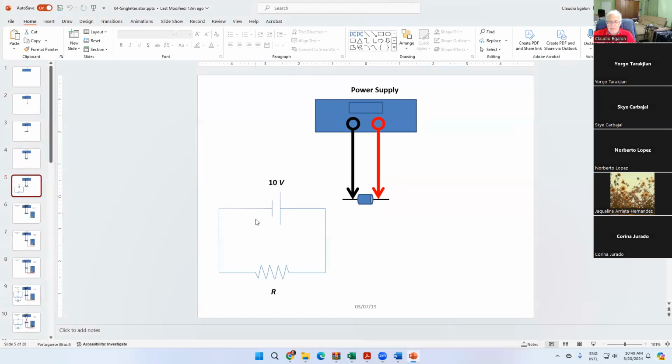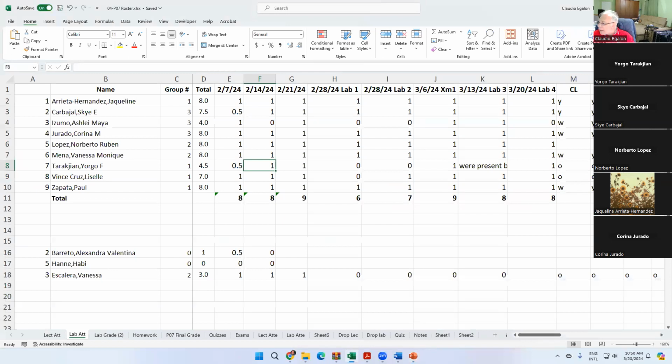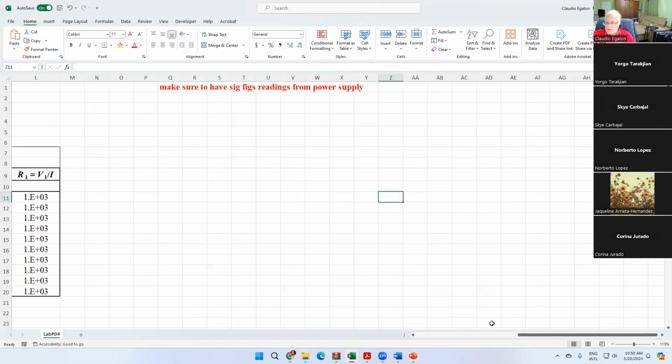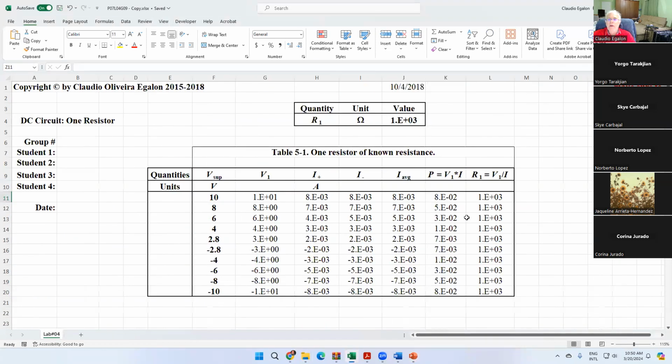The power supply that we use in the experiment, we start at 10 volts. I give you a resistor that you measure the resistance of. And let's take a look at my spreadsheet, the same spreadsheet that you have out there, okay?